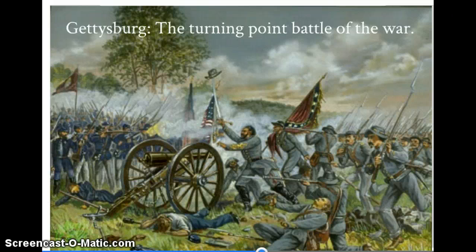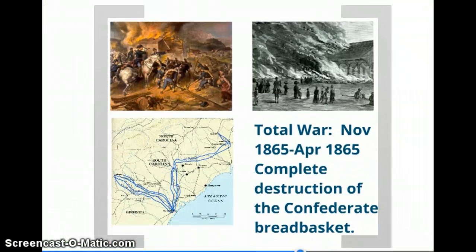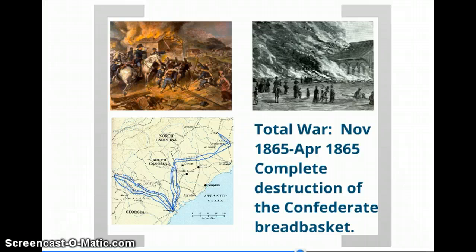Because General Robert E. Lee was such a brilliant commander and the head of the Confederate forces, he managed, using the resources that he had available, to extend the war until April of 1865, which left the Union with the question of how to speed up this war to get it to a conclusion.